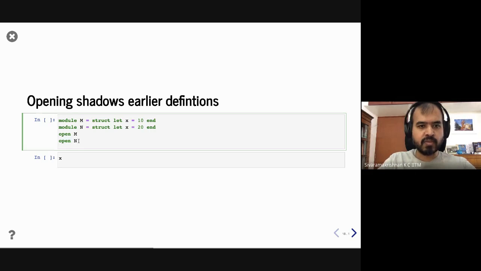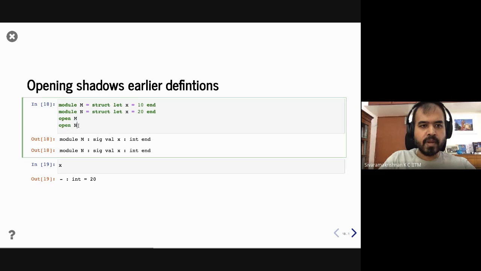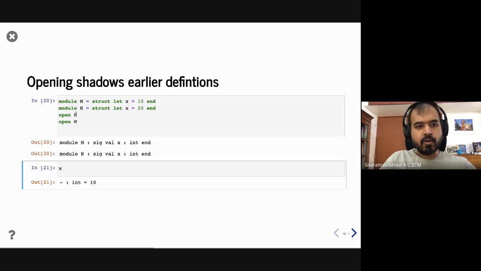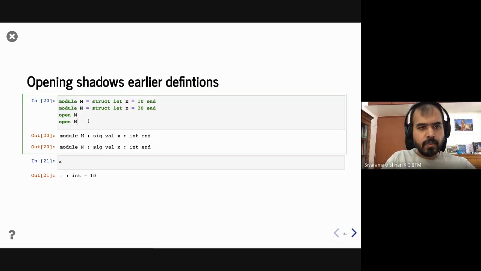This brings an X into scope, which is 20. And we follow the standard rules of shadowing. So everything is lexically scoped, so the latest one is the one that is available in scope. So if I run this and I ask for X, X will be 20 because I opened N later. But if I reorder this, I'll get 10, because I opened N first and then M, and this brings in 10 into scope. Okay, so that is open.